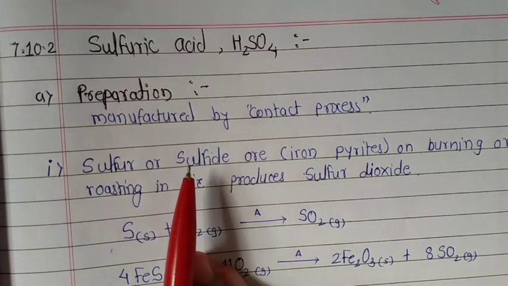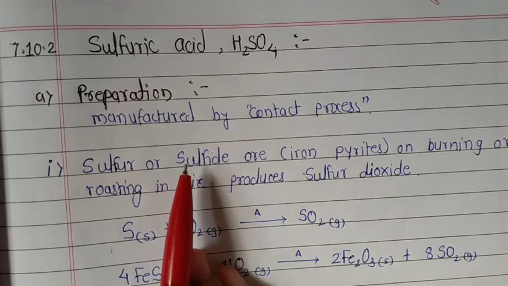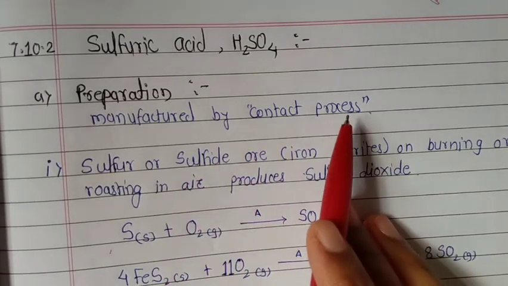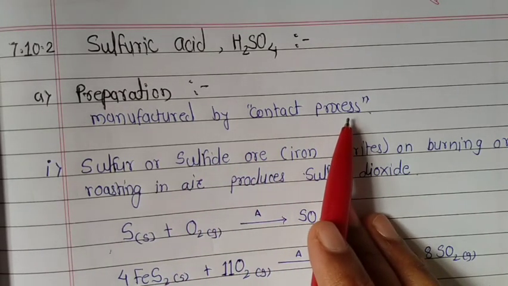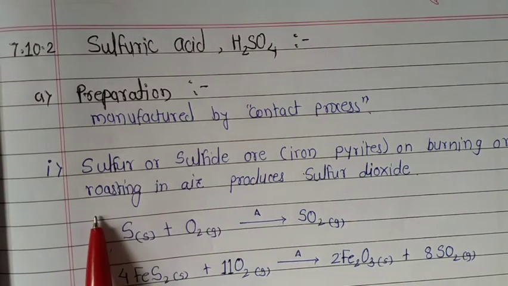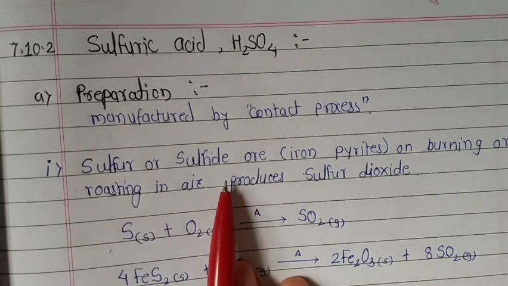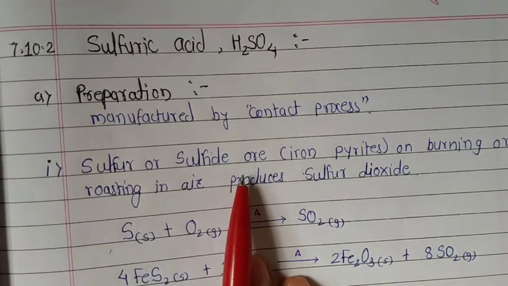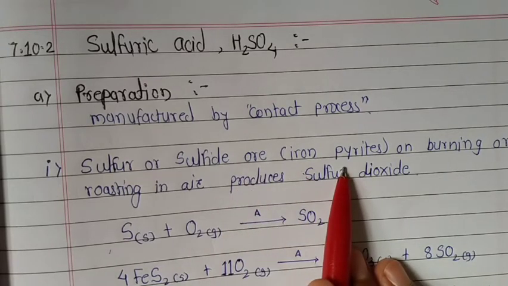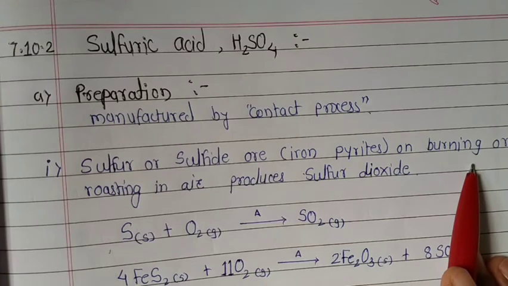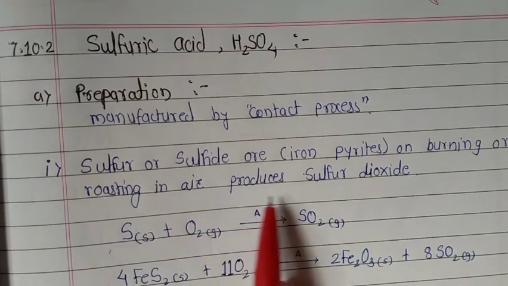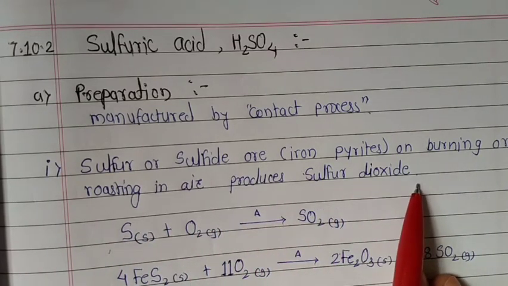Sulfuric acid is manufactured by contact process, which involves the following three steps. The first step is that sulfur or sulfide ore, that is iron pyrites, on burning or roasting in air produces sulfur dioxide.